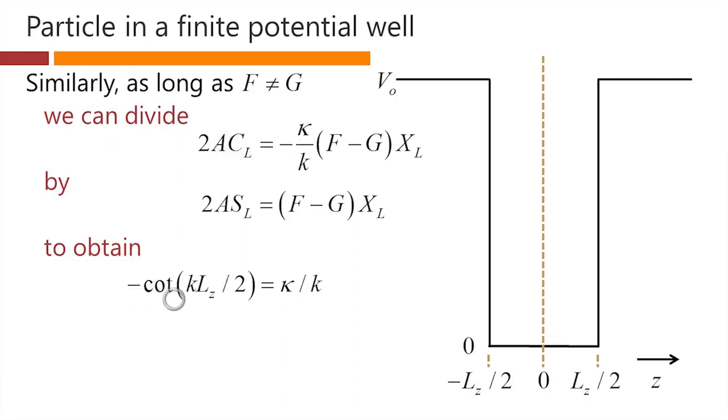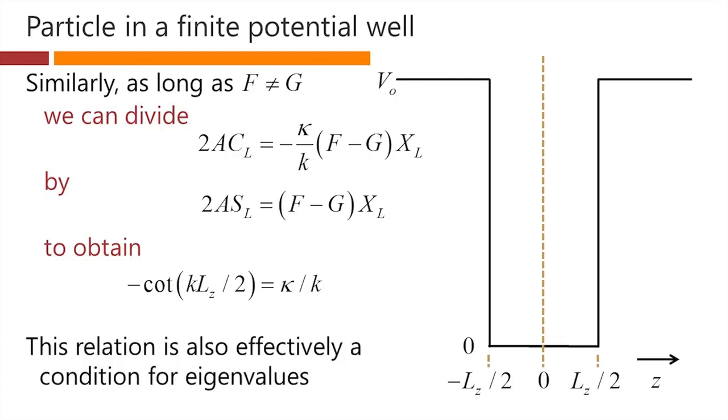That gives us minus the cotangent of kLz over 2 is equal to kappa over k. Cosine over sine gives us a cotangent, and we had a minus sign sitting here that we've taken over to the left-hand side. And this relation is also effectively a condition for eigenvalues. And we're going to work with this relation later on to figure out the energy eigenvalues also.